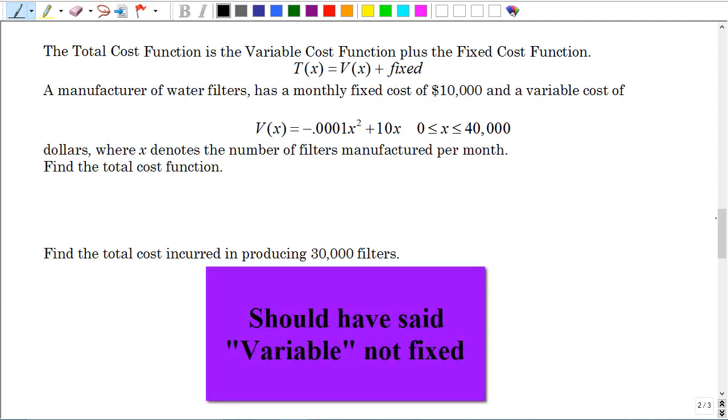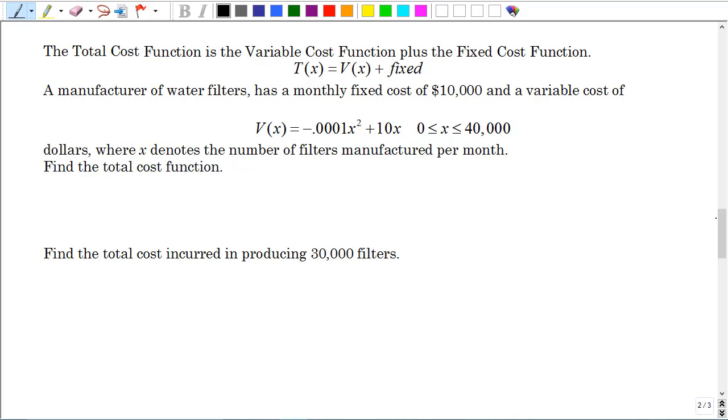Variable might be your labor costs may go up and down, maybe your air conditioning prices went up and down, just different things vary. So let's see, this manufacturer of water filters has a fixed cost of $10,000 a month, or just $10,000, and a variable cost according to this where X denotes the number of water filters manufactured.